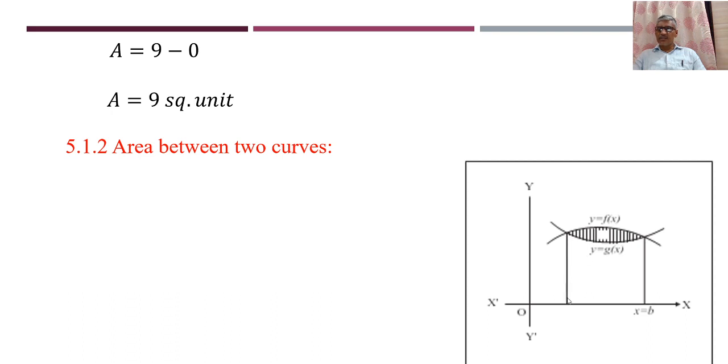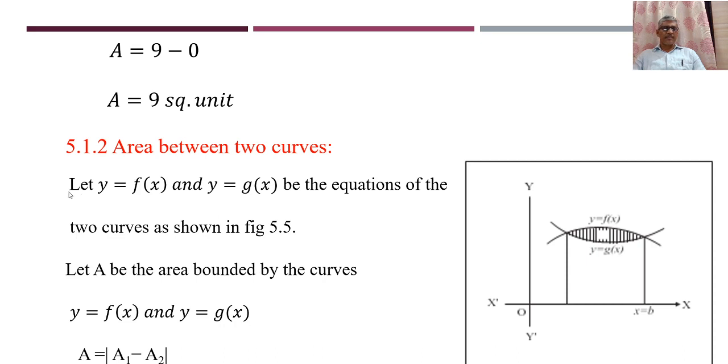First we can find the area under the curve y equal to f of x. Then second, find the area under the curve y equal to g of x, like this. See here, y equal to f of x and y equal to g of x are the equations of the two curves shown in the figure.